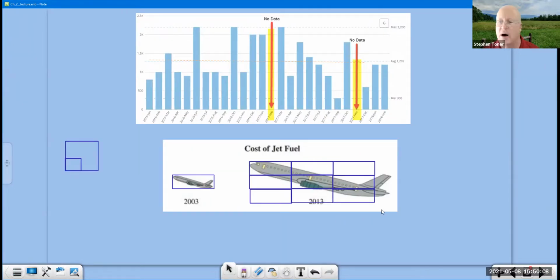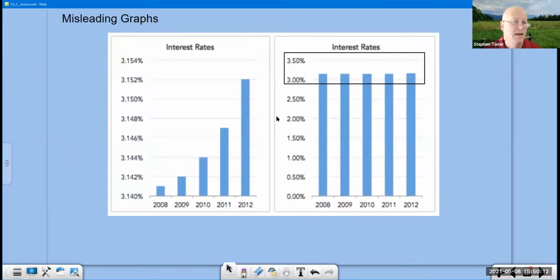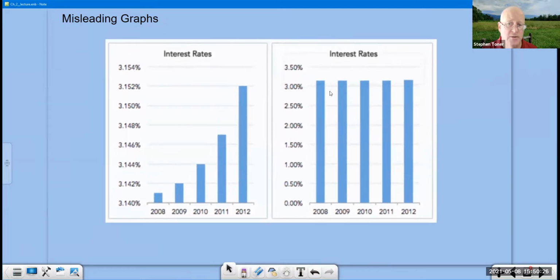I'm not wild about graphs involving pictures. Here's another misleading graph. We've got the same data. Notice the left one doesn't start at 0, it starts at 3.14. So if I were to take a look at this picture at the right and start it at 3.14, it might be right about that.